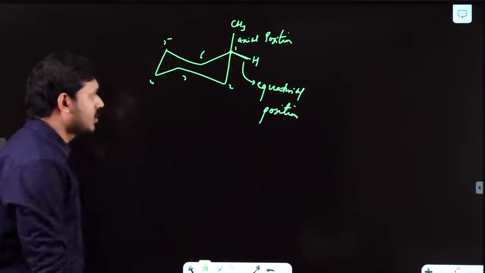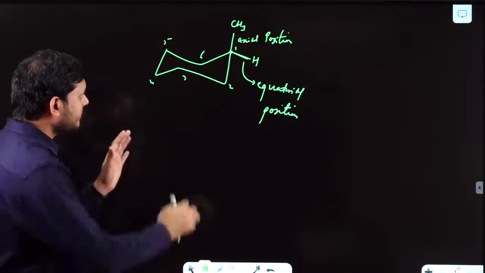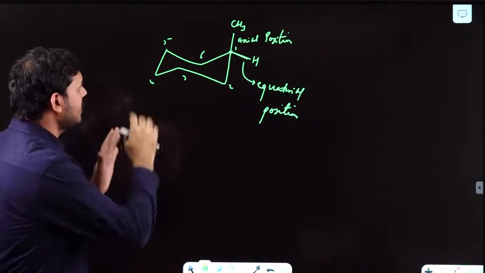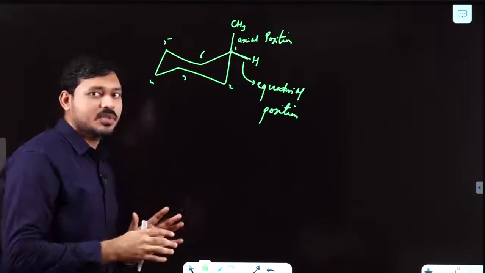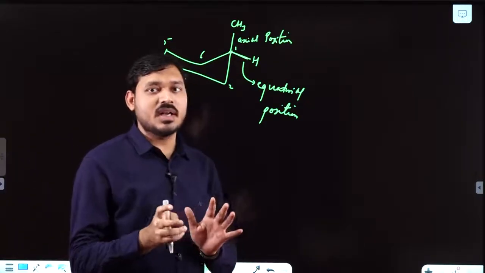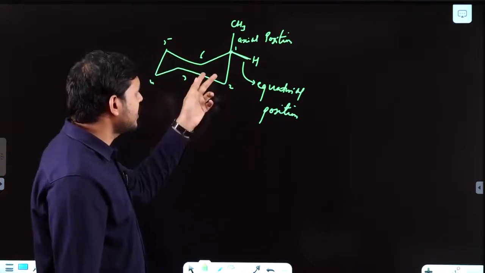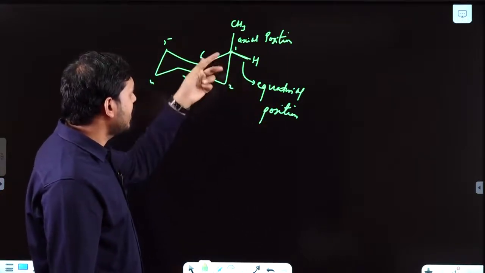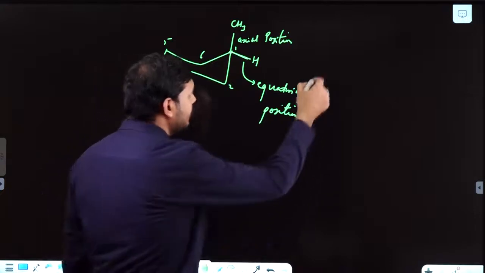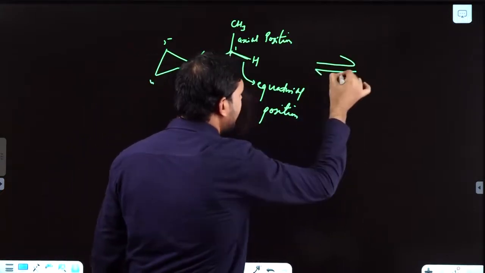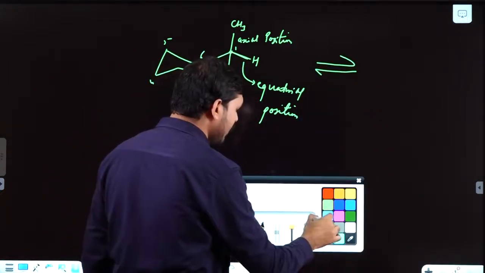right? So if we consider this 1-methyl cyclohexane, it is observed that it continuously interconverts from one form into another form. Means this axial position goes into equatorial position and equatorial into axial. Accordingly, these exist in equilibrium with each other due to interconversion.